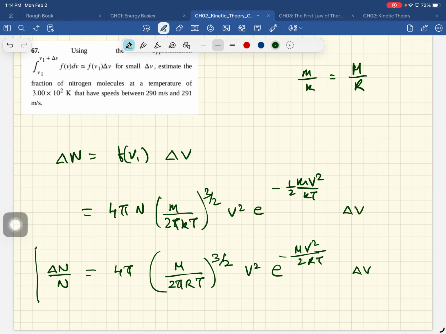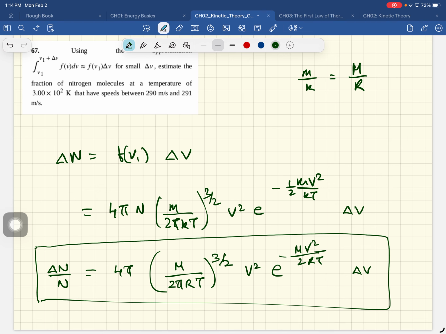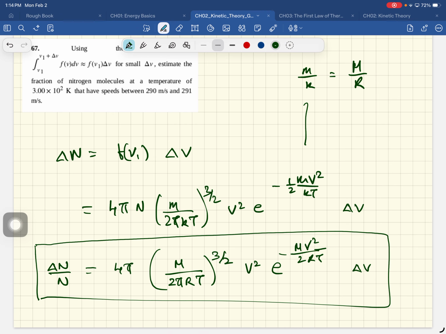So I'll calculate the pressure. Actually, we'll do N k T by V. So the pressure is N over V times kT. They give you N over V. This is 10 to the 6 per meter cube.